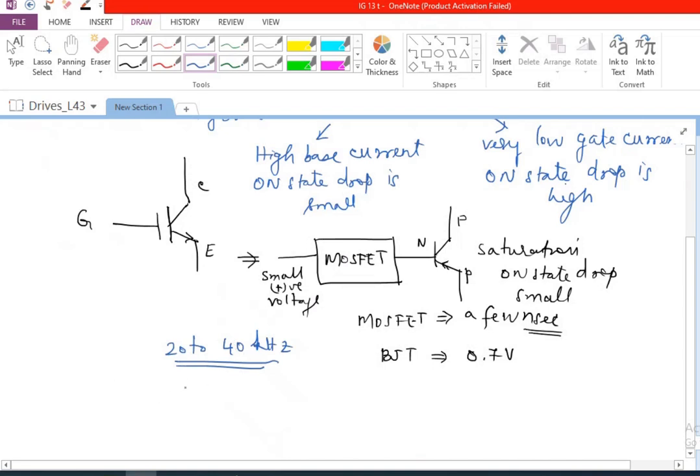And they are also available almost at 2 or 2.5 kiloampere with about 2 or 3 kilovolts single-handed. So they'll be able to handle almost megawatt of power level. And even under that condition, the drop is not much. The losses that take place in IGBT are not much.